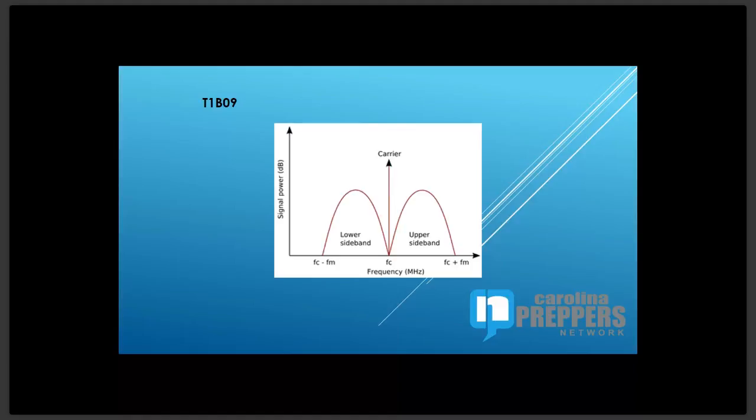The reason I put this diagram here is to show you potentially how much margin you have to give on the left and right side, the upper and lower side of a signal, for that frequency wavelength to jump and still stay within the band. So imagine rolling down the highway.